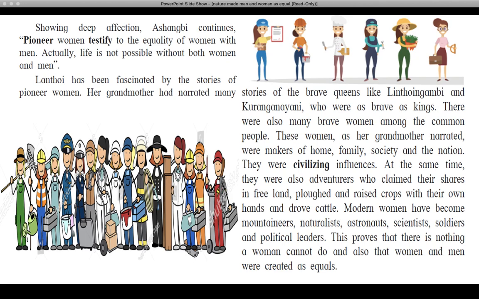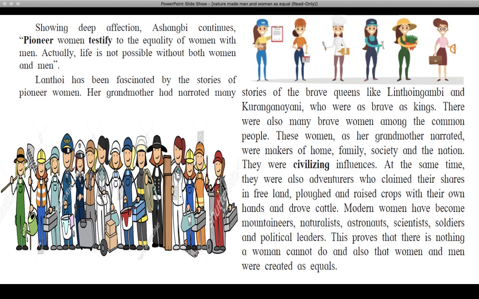Her grandmother had narrated many stories of the brave queens like Linthoingambi and Kuranganayani, who were as brave as kings. There were also many brave women among the common people.